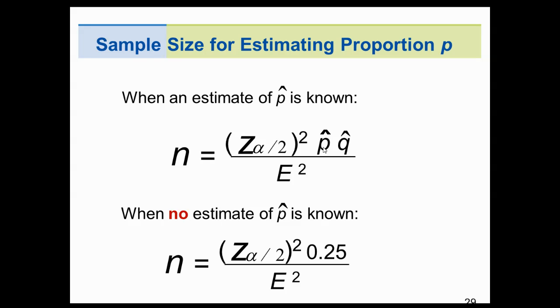Now, 0.5 times 0.5 is where they're coming up with this 0.25. If you don't know p hat, you don't know q hat, you use 0.5 for both of them. When you do know p hat, you'll put it here and solve for q hat. If you don't know it, you use 0.25 for the product.